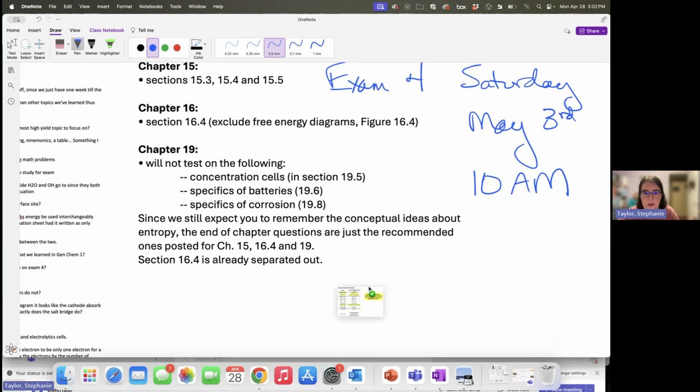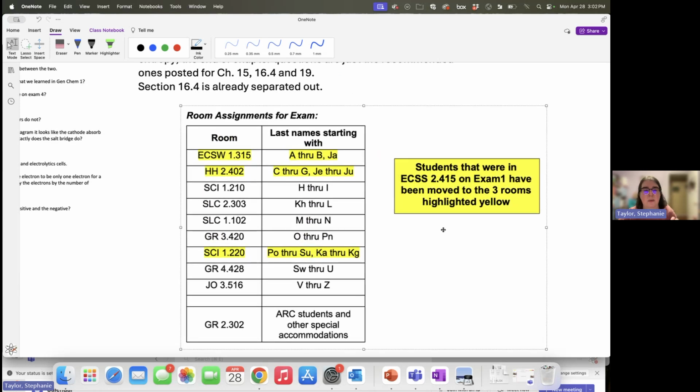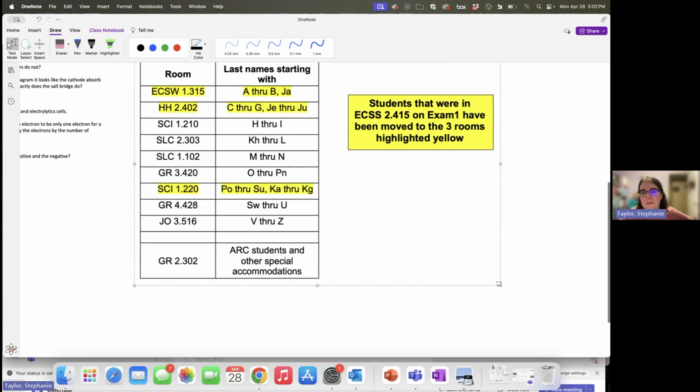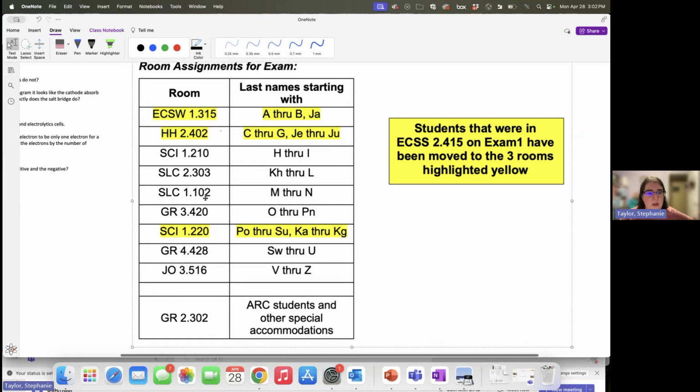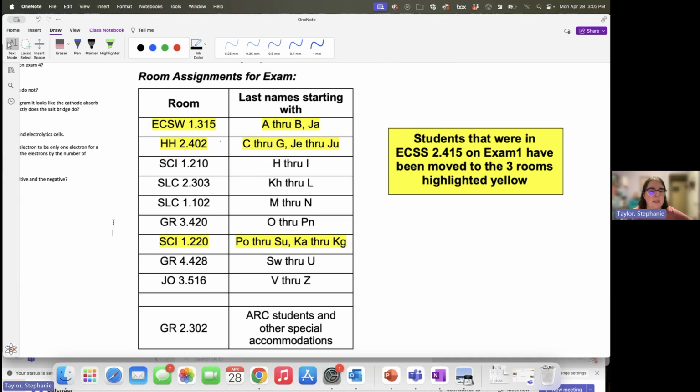We did have a little switch where one room was different on exam 1, but exam 1 was so far away from where we are now. So these are the room assignments. We should also be using those for the final. We'll be double checking that soon, but you guys can take a look at those. So wherever you were before, we're there again.